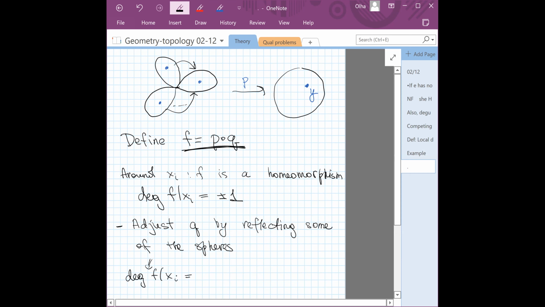We can already say that it's either 1 or -1 depending on what we want. Specifically, we want it to be the sign of t. And then degree of f is going to be the sum of local degrees, which is d. Okay, questions about this?